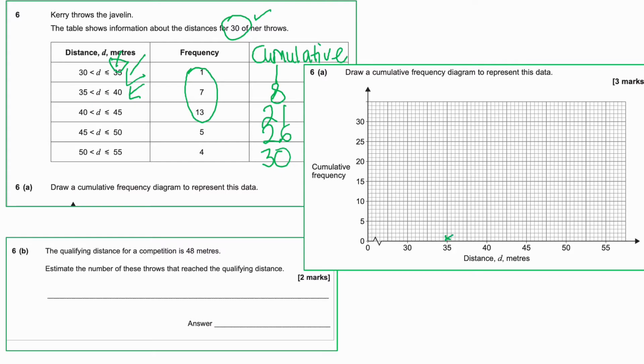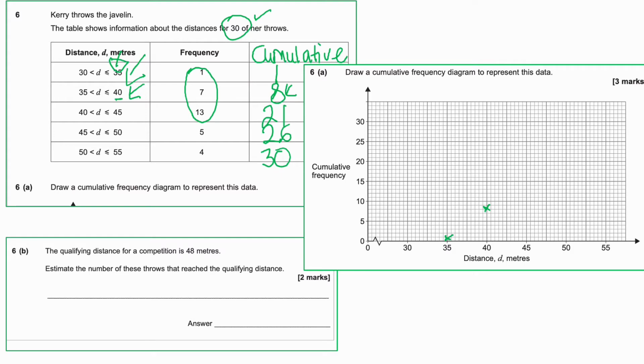It's a bit tricky. And the next one we're going to do at 40, because that's the top end of the grouping. So 40 and 8. So 40 and 8 on the vertical scale, it looks like it's 1 square per 1 number.